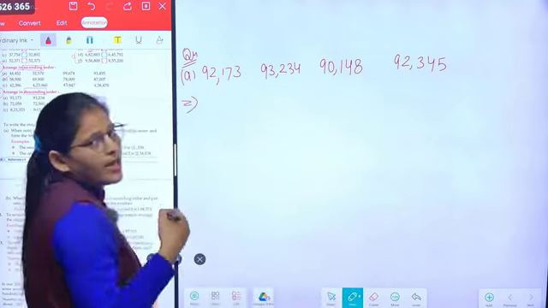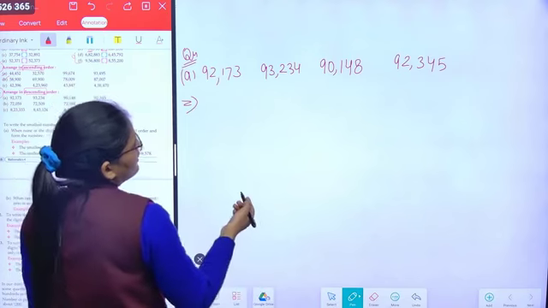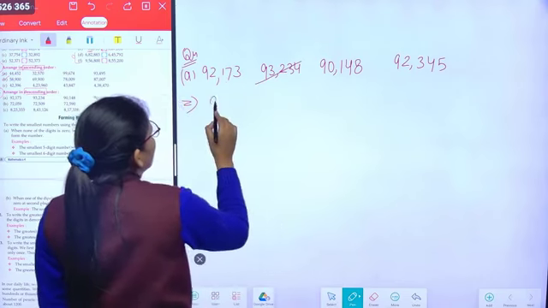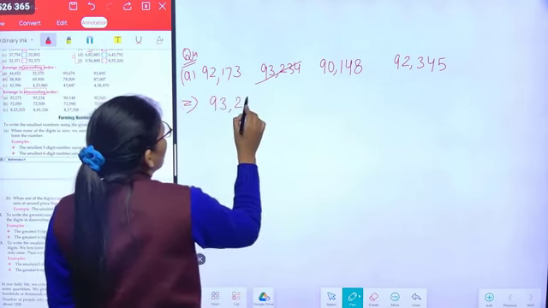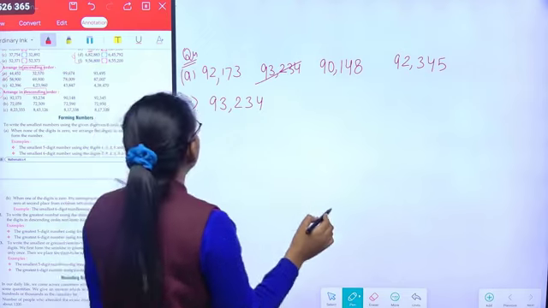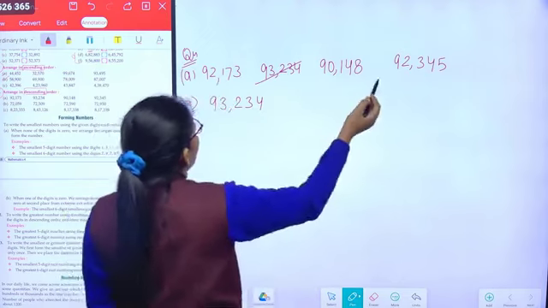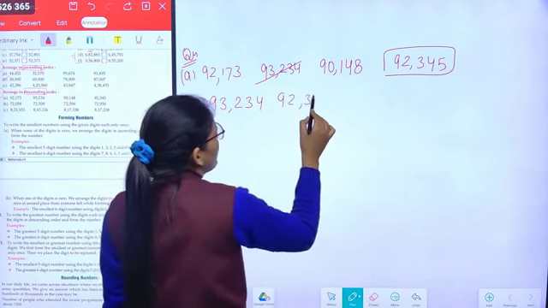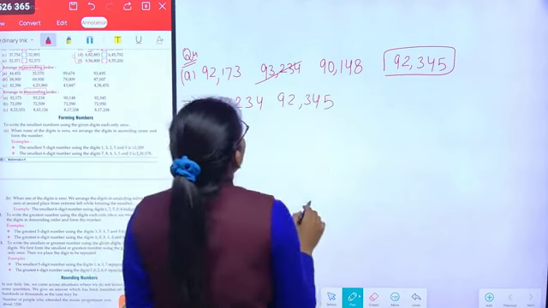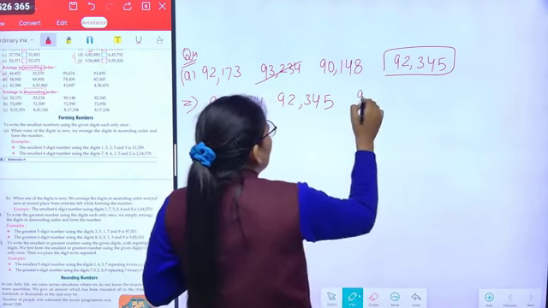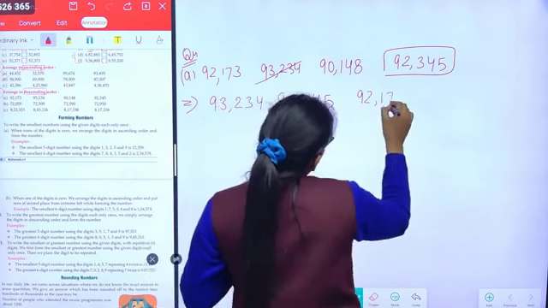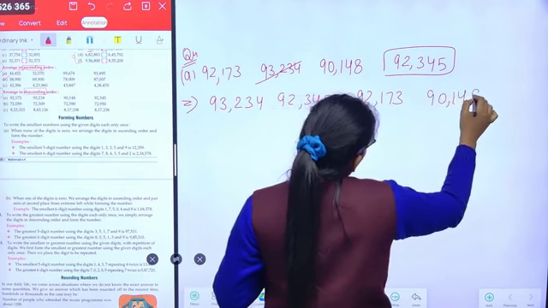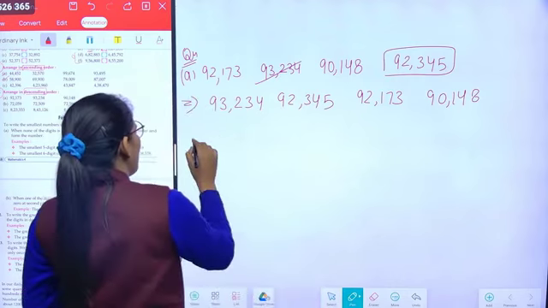Firstly, we have to write the greatest number. Greatest is 93,234. Then here is 92, here is 92, but it is bigger. Now 92,345. Now 92,173. Now 90,148. Now students, B part.